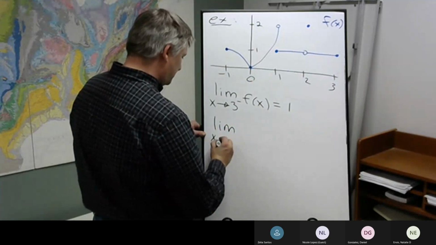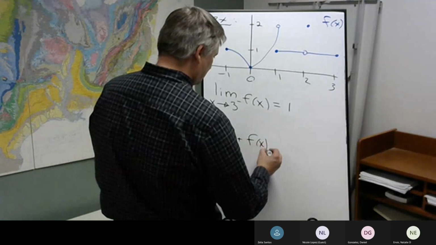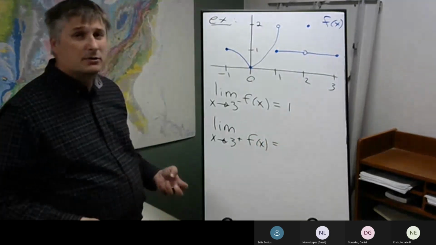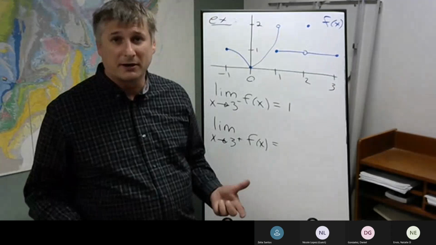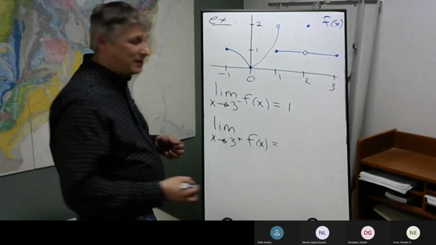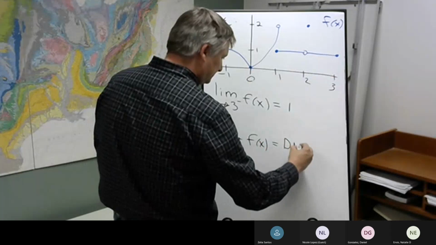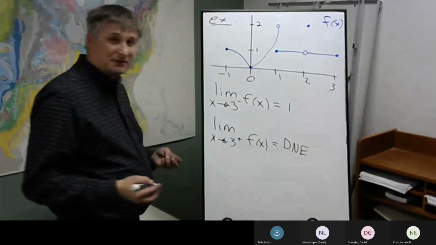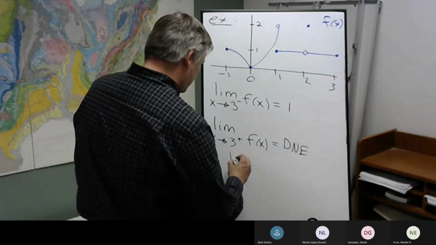But then if we try to approach 3 from the right, we're going to run into a problem. We don't have a domain for this function to the right of 3. So we can't do this. We can't use any x values to the right. So this doesn't exist.